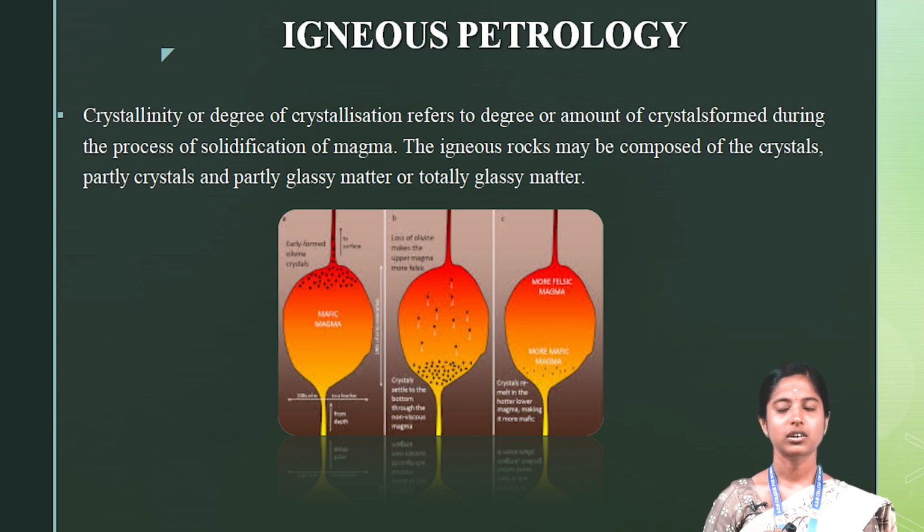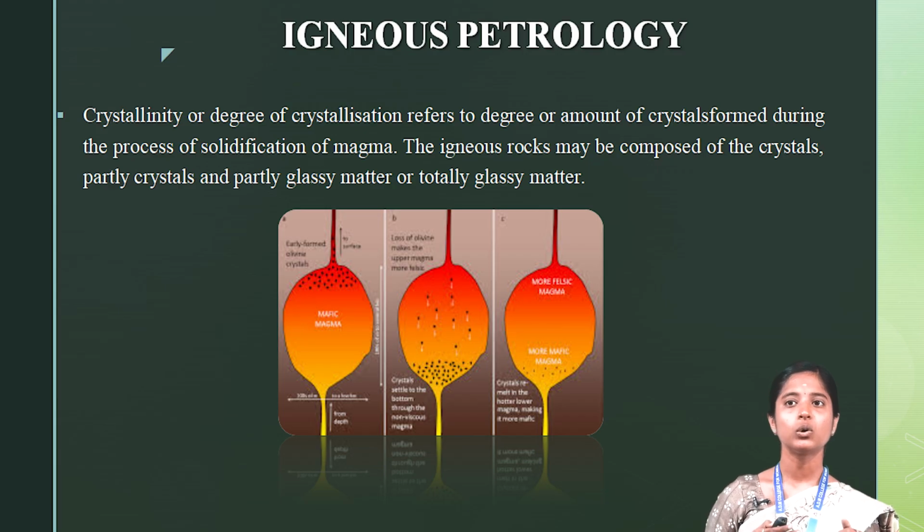Textures of igneous rocks are grouped as follows. First one is holocrystalline. If the rocks are entirely composed of crystals, they are called holocrystalline. What is the definition of holocrystalline?